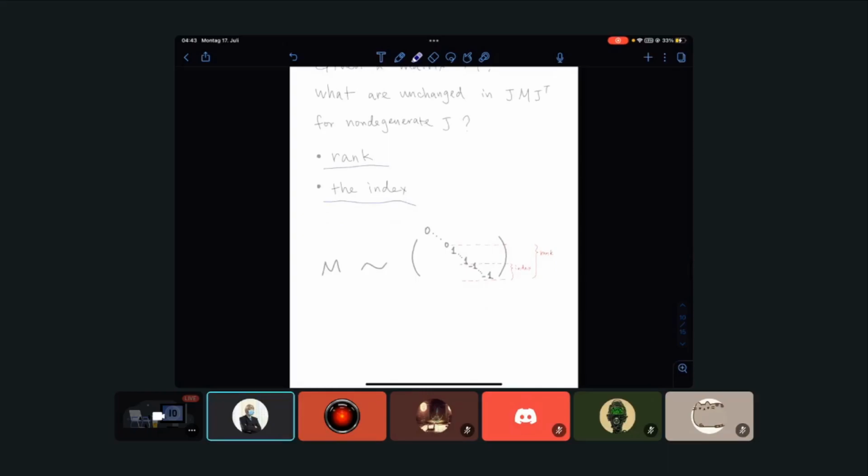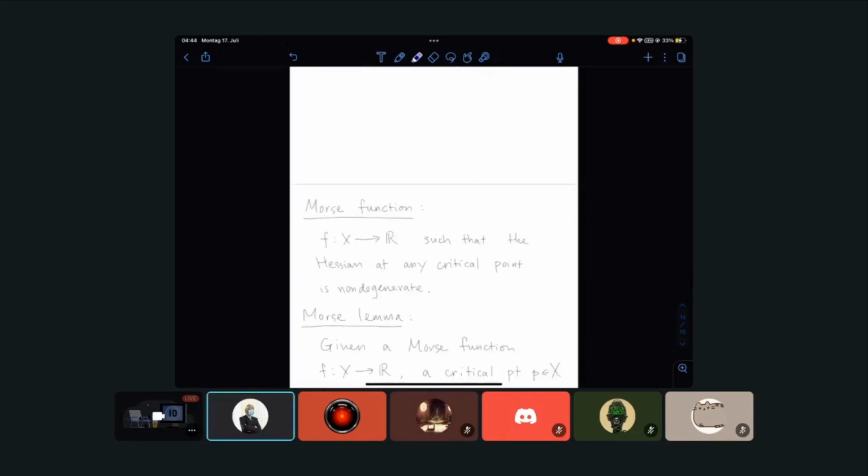For matrices up to this equivalence relation, we have a normal form that looks like this. We have a 0, that's the degenerate part, and then a diagonal matrix of ones, and another diagonal matrix of minus ones. The rank is the two parts together, and the index is just this negative definite part. So, that's this page.